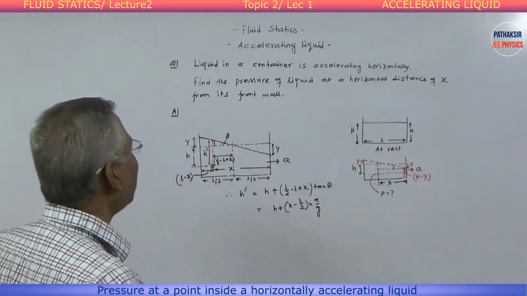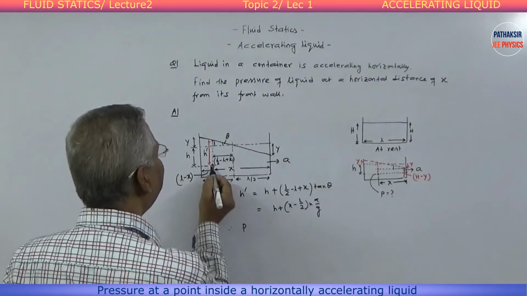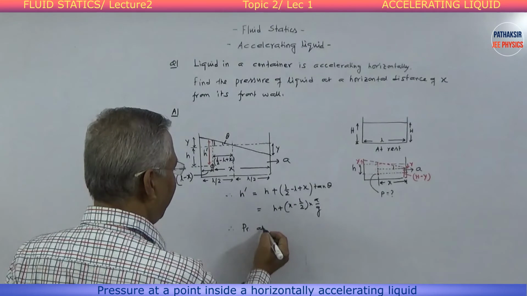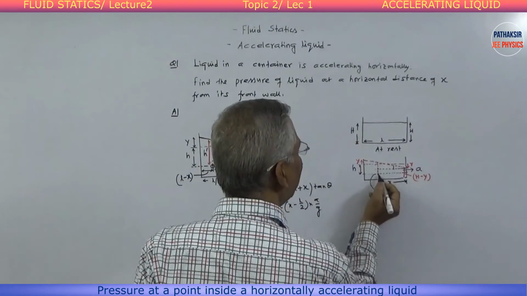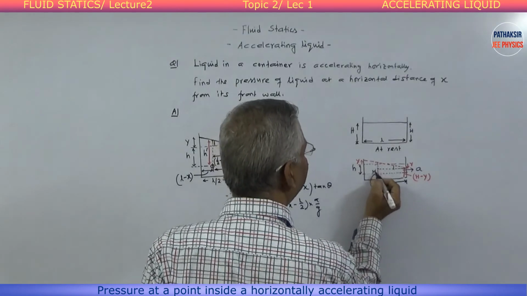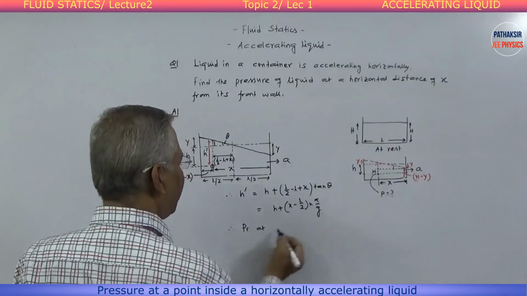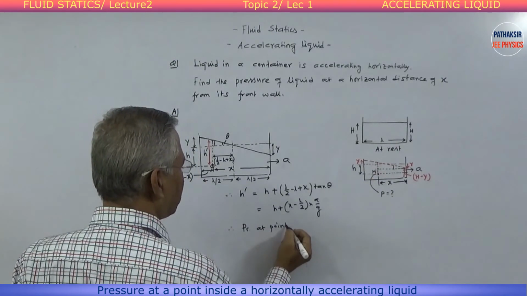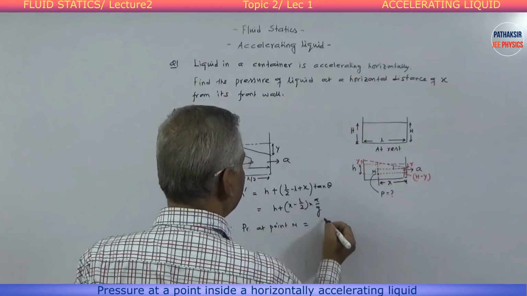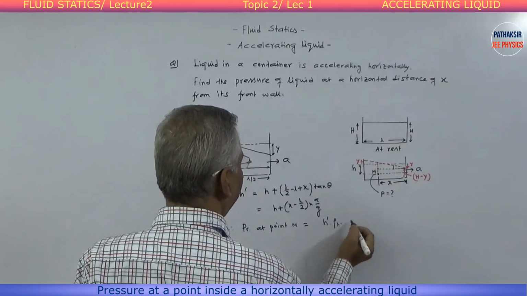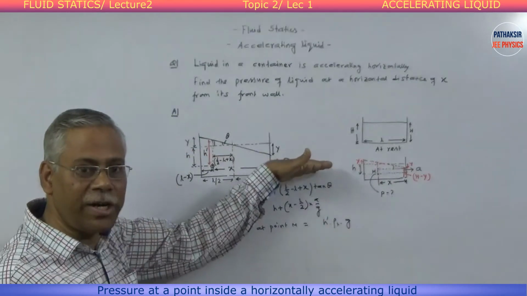Okay. So what is the pressure at this point? Suppose this point is M. Pressure at point M equals h dash into rho L into g. Acceleration is in this direction.